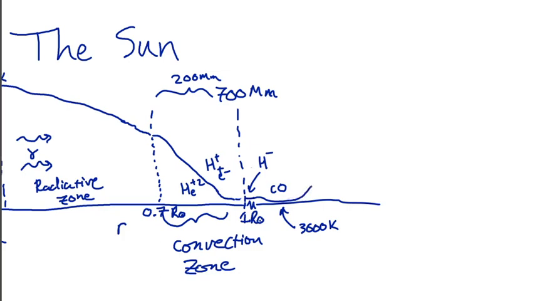Now, as we continue out in the sun, something strange happens. It actually starts to get hotter. And it gets hotter to about, say, 10,000 degrees, a few 10,000 degrees here in the chromosphere of the sun. And this is where we see pink light during eclipses. Then it actually gets quite a bit hotter. It goes through what's called the transition zone of the sun.